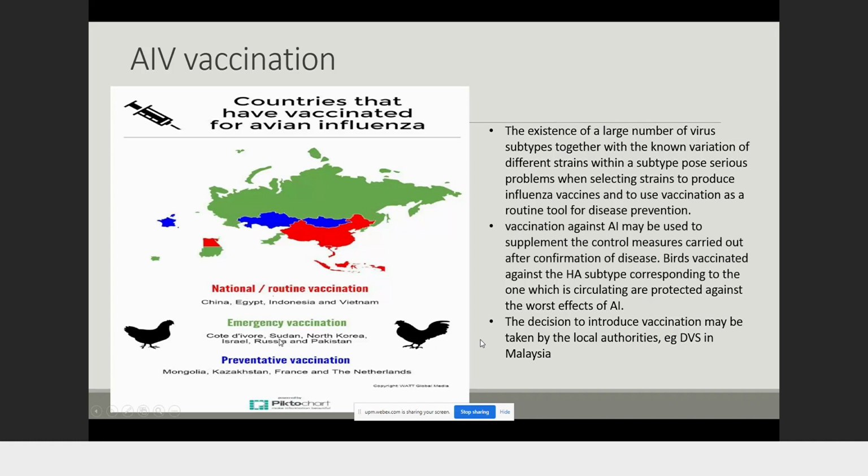Emergency vaccination is practiced by countries like Sudan, North Korea, Russia, Israel, and Pakistan. Preventive vaccination is practiced by the Netherlands, France, Kazakhstan, and Mongolia. The decision to introduce vaccination is mainly taken by the local authorities. In the case of Malaysia, it is the Department of Veterinary Services.